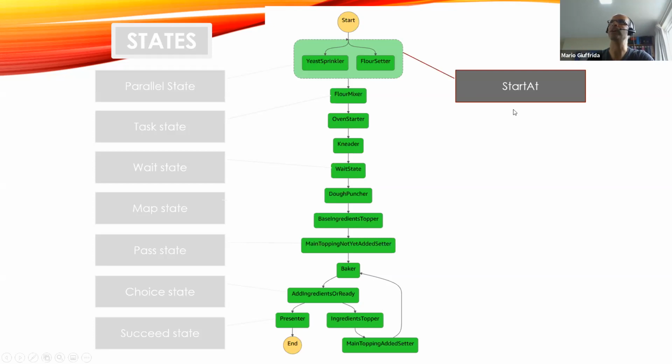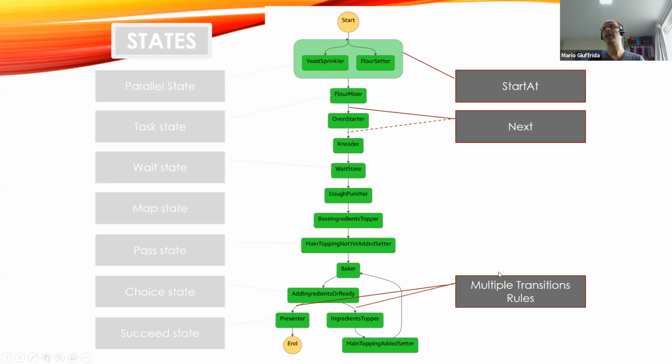This is defined with a configuration called start at. And then I want to even define what comes next. So once one step is finished, what comes next? And I define this with the configuration called next. Then we've seen before that we can have states with multiple transitions. And here we have multiple transition rules. And we have a step that is the end of the step function.